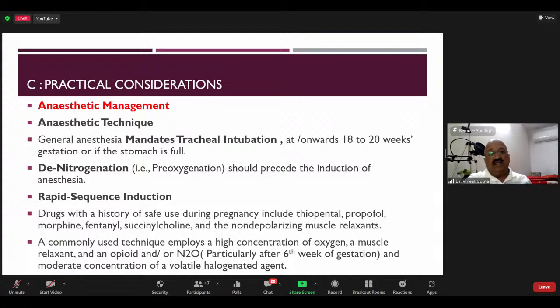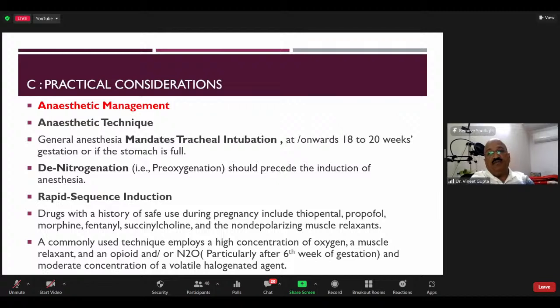Then anesthetic technique: general anesthesia mandates tracheal intubation from 18 to 20 weeks gestation onwards, or even if it is less than 18 to 20 weeks, if the stomach is full. The point is, we can get away with a supraglottic device in many non-pregnant general anesthesia patients, but be careful while using supraglottic airways during early pregnancy.